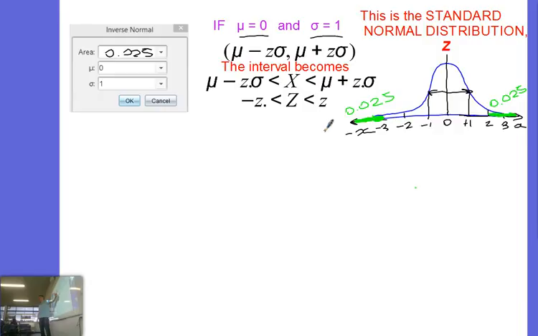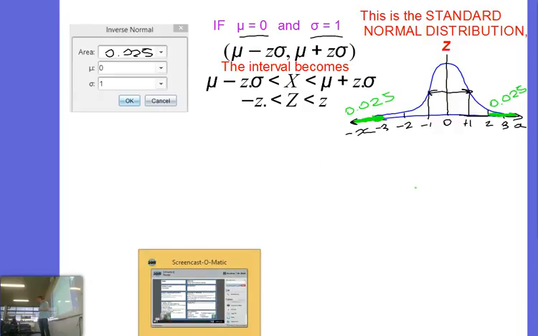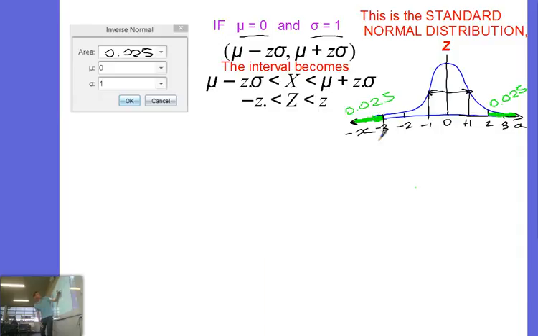Same number z, just one is negative, one is positive. Here is the negative z number, while here is the positive z number. Same z number, just one is to the left, one is to the right, corresponding to the exact same area of 0.025. Does that make sense?